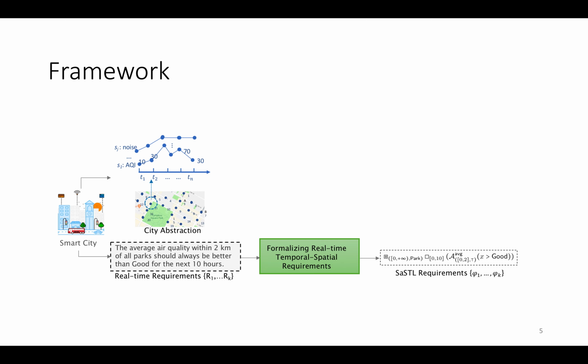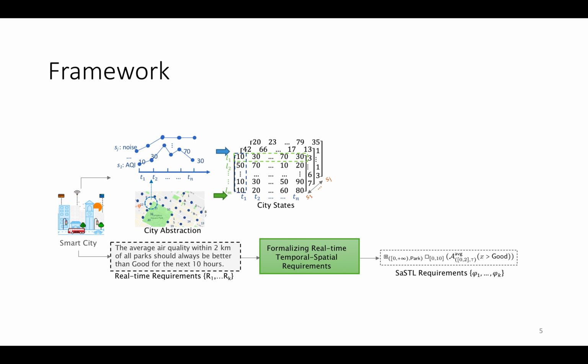For city data, different data streams such as air quality, emission, or noise level over temporal and spatial domains can be viewed as a three-dimensional matrix. For any signal S in the signal domain, each row is time series data at one location, and each column is a set of data streams from all locations at one time.